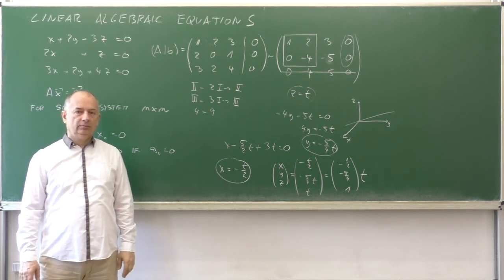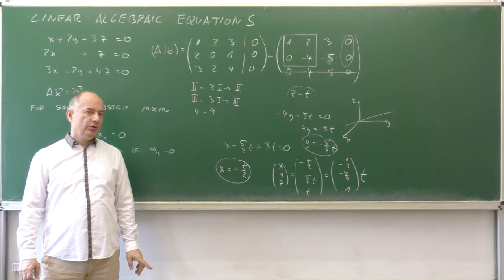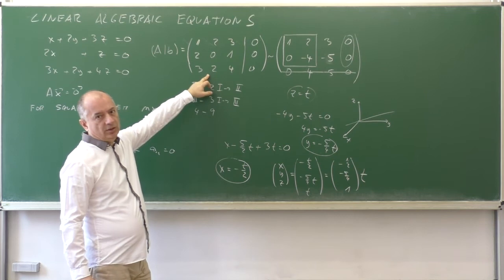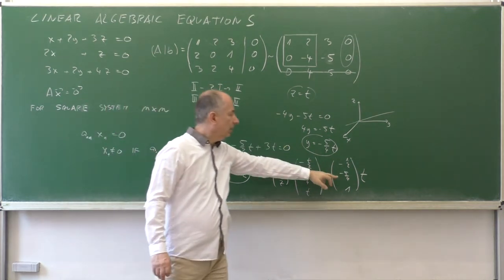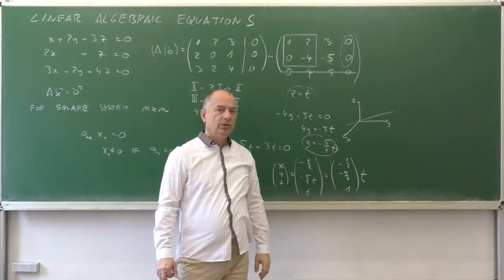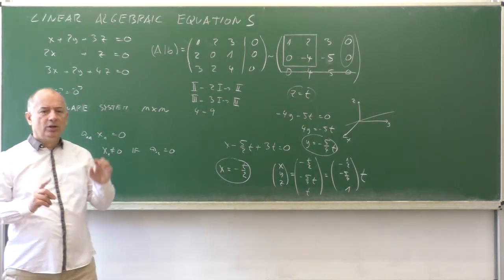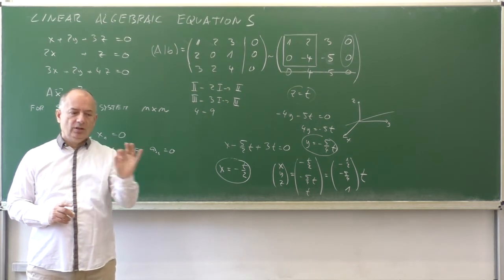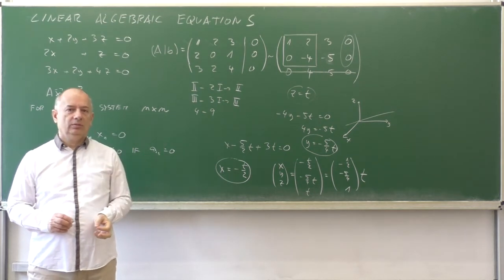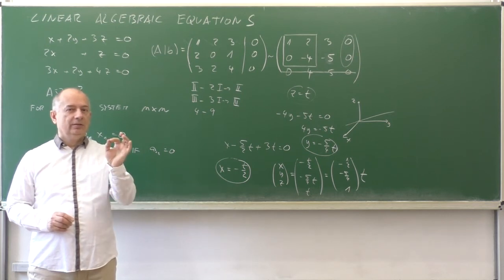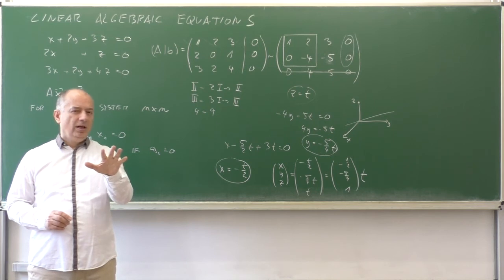That's correct. But this is too strict. You see, this matrix is not 0, and still it has a non-zero solution. So it is not necessary for the matrix to be completely 0, meaning each entry being exactly 0. What is completely sufficient is, now stop me and try to formulate this condition yourself.